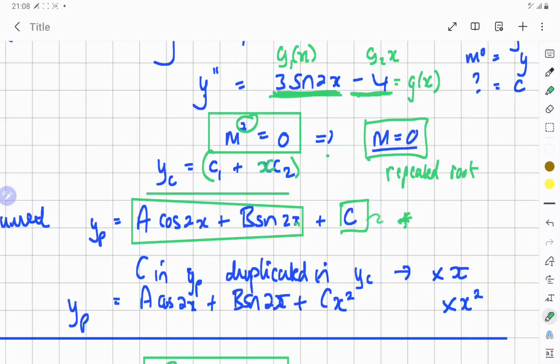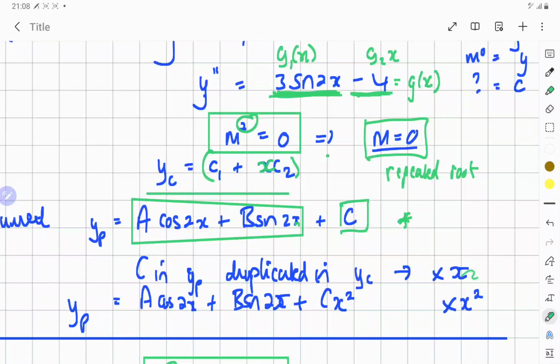So what do I see when I multiply by x? Make sure you understand this. When I multiply by x, I will get cx here, but then it is repeated over here. So cx is repeated, so now I must multiply by x squared.